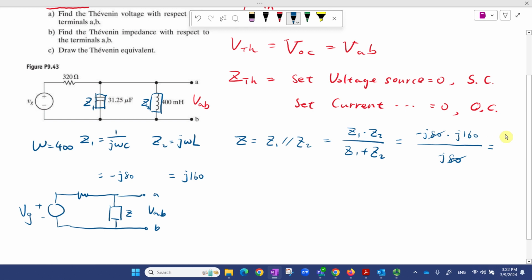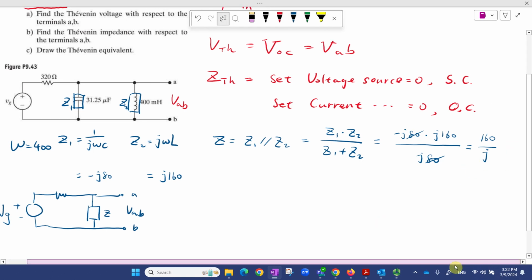So this is a positive 160 divided by j. Let me scroll to the right a little bit. Then we multiply bottom and top by j, so j squared, which gives us negative 160j, and this becomes a negative sign. So we got this one.